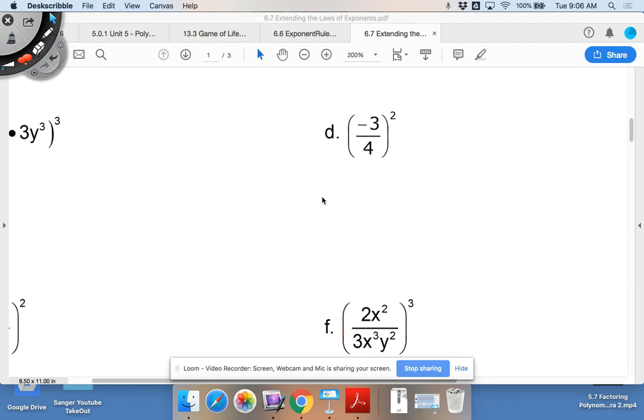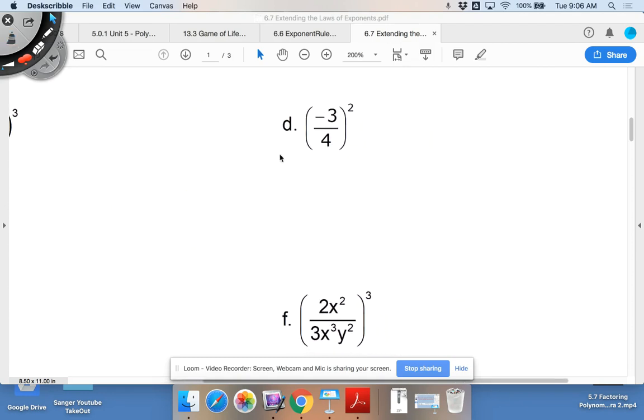A lot of us, we don't like fractions, so we try to turn everything into decimals, but I would strongly suggest you not do that because in a minute, we're going to be dealing with variables and we can't turn that into decimals. So I want you to see when you have a fraction in parentheses raised to an exponent, it's like saying negative 3 squared over 4 squared. Both the numerator and the denominator get that exponent.